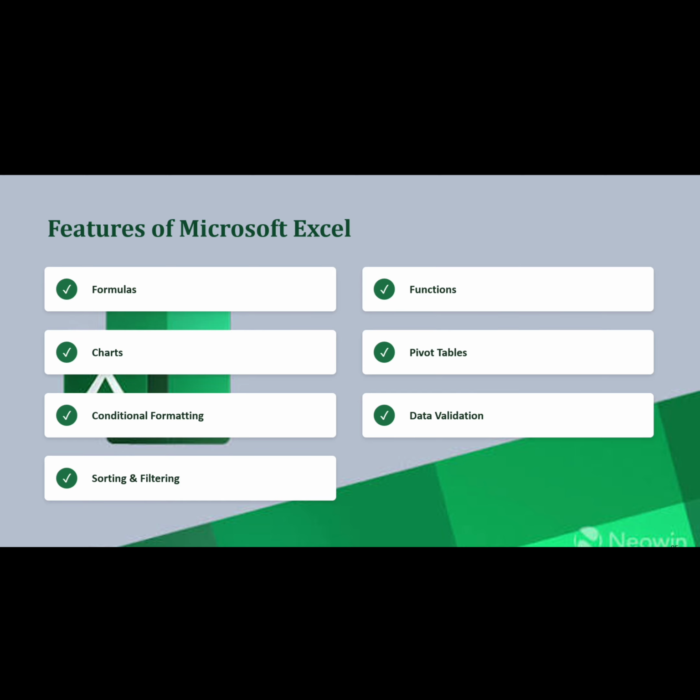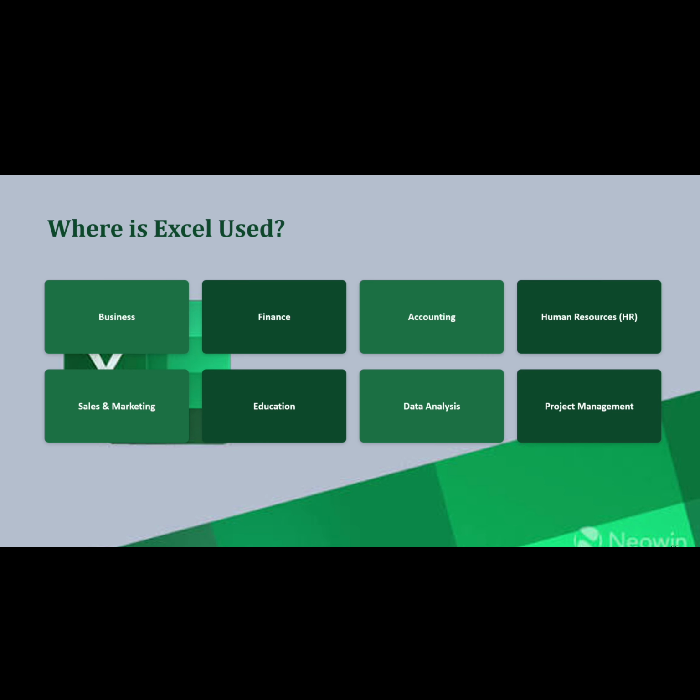In the upcoming videos, we will learn what their functions are and what they are used for in real life examples. Then afterwards, in slide 6, where is Excel used? Businesses use Excel to manage sales and expenses, finance and accounting, performance, prepare budgets and financial reports.